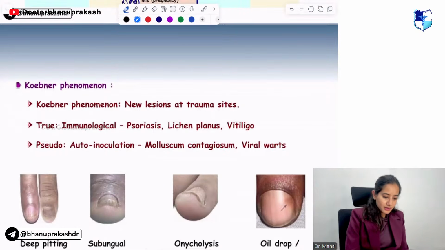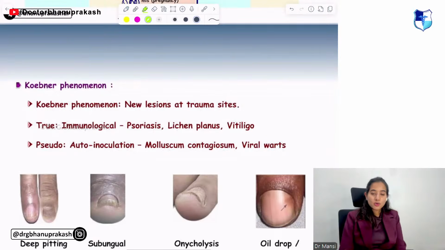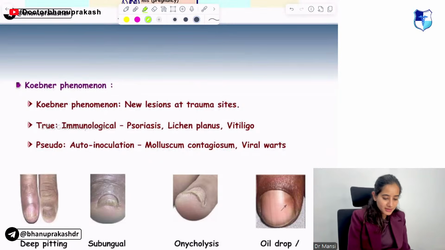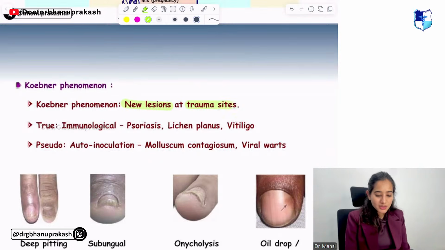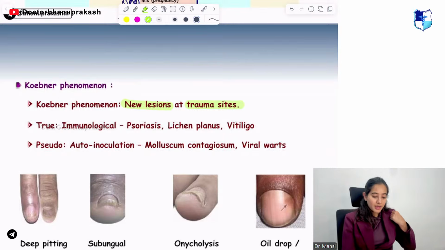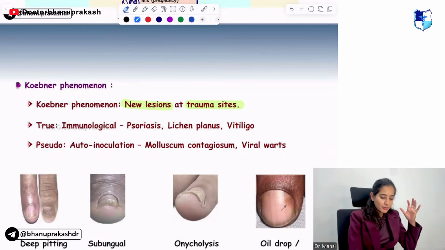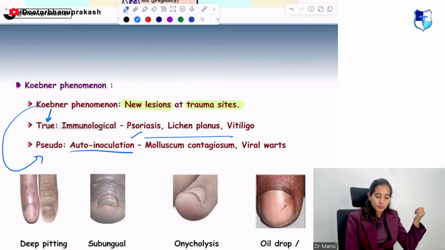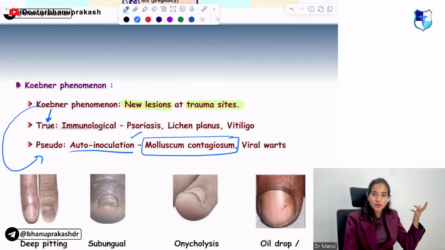And then, as I told you, Koebner's phenomenon is something we have already discussed a couple of times. As we discussed, new lesions occur at the site of trauma, and it can be true Koebner's or pseudo. Pseudo occurs because of the autoinoculation which happens in molluscum contagiosum, which we saw already, and viral warts.